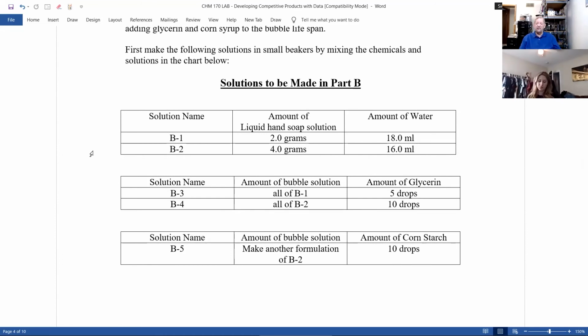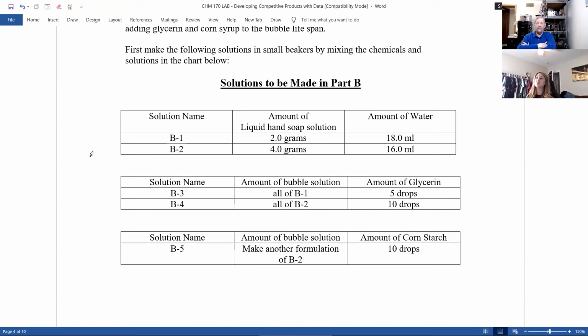And 18 milliliters of water. Notice that's similar to A1, except a different surfactant. Now the hand soap. And B2, you're doing similar to A2, but with a different surfactant, twice as much of the liquid hand soap. And that's where we added more soap, lowered the water, so it is twice as much.